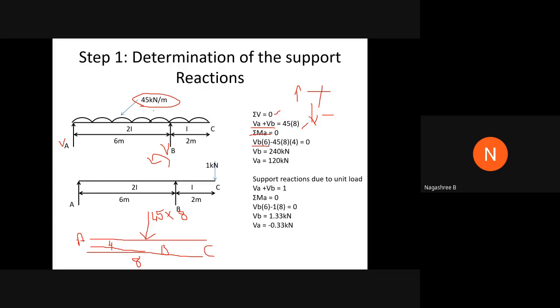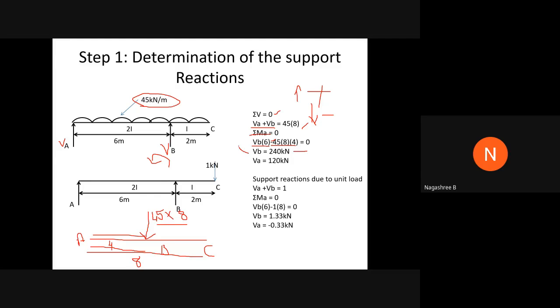Next, 45 into 8 into the perpendicular distance of 4 meters, in the clockwise direction, so it is considered negative. Equate that to 0. You will get the value of VB as 120 kilonewton.